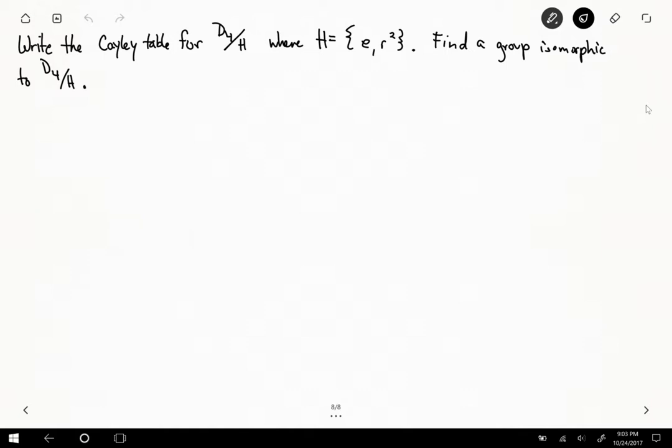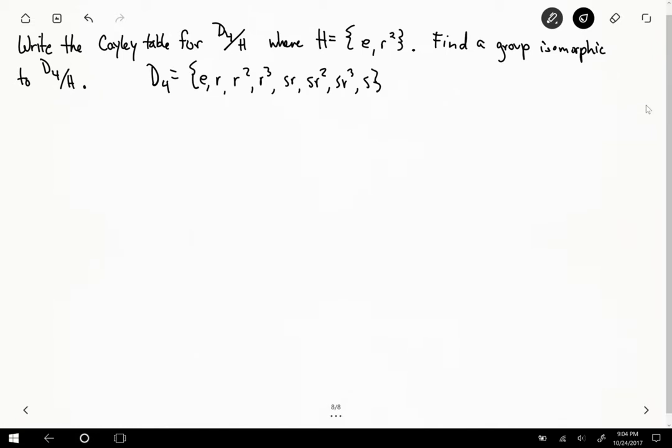Remember that D4 is equal to this list of elements: E, R, R squared, R cubed, and then SR, SR squared, SR cubed, and S all by itself.